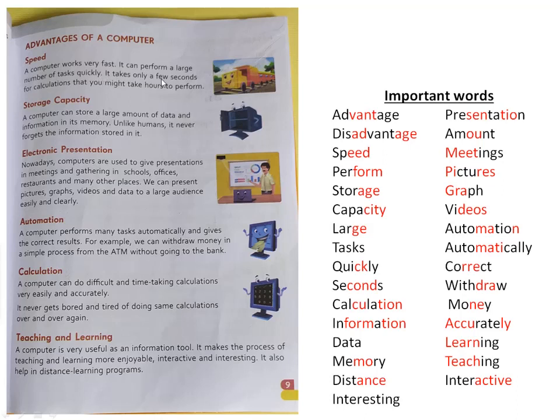It takes only a few seconds for calculations that you might take hours to perform. Storage capacity. A computer can store a large amount of data and information in its memory. Unlike humans, it never forgets the information stored in it.